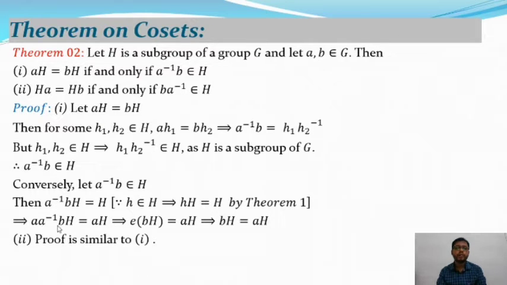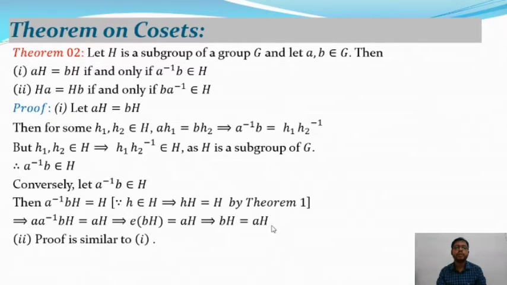taking a on the left on both sides of this equation, we get a a inverse bH is equal to aH, and you know that a a inverse is equal to e, where e is the identity element of G. So e into bH equals aH, and from this we conclude that bH is equal to aH.